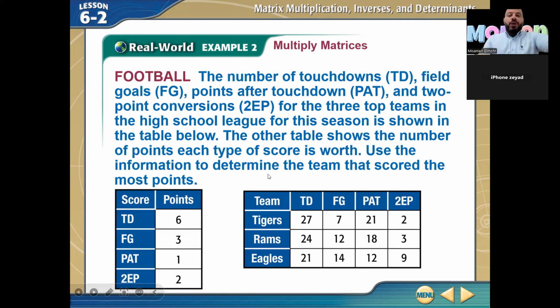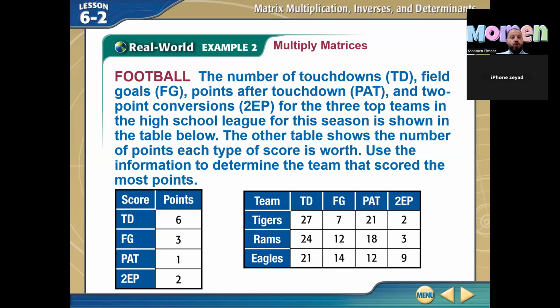We're going to this example. In this example, as you see, we have the number of touchdowns (TD), field goals (FG), points after touchdown (PAT), and 2-point conversions (2PC) for the three top teams in the high school league.